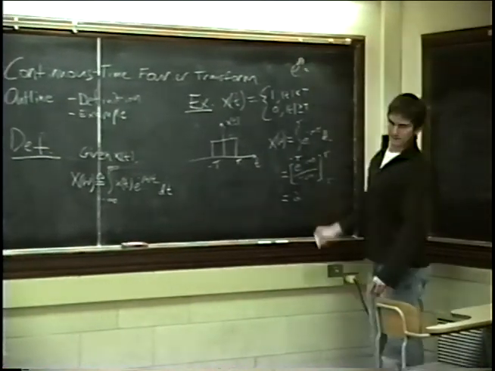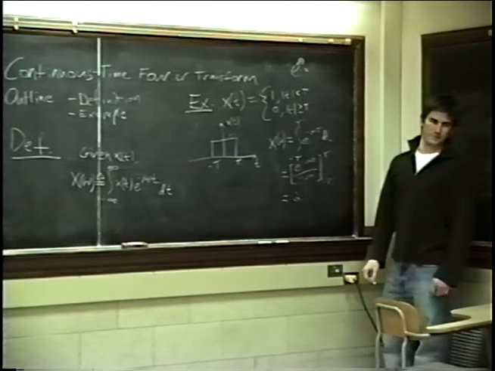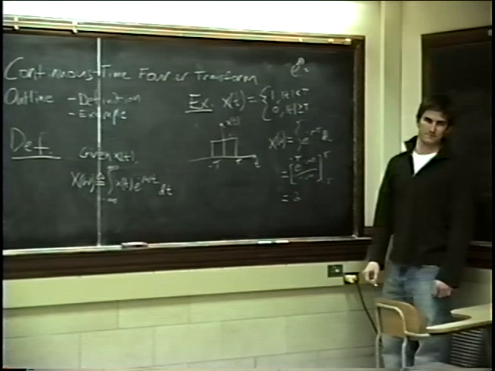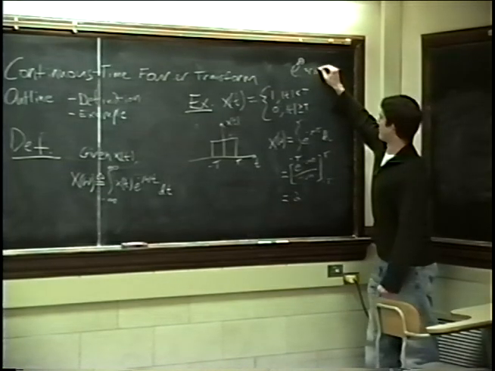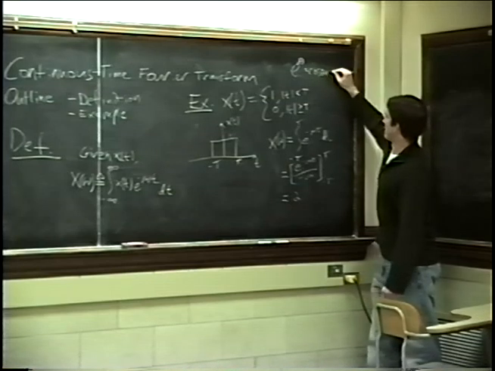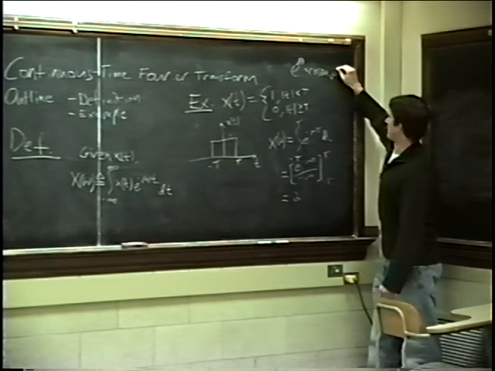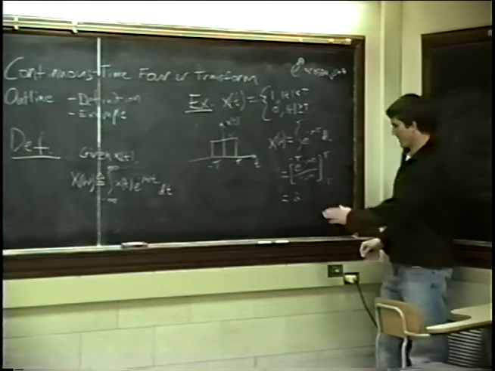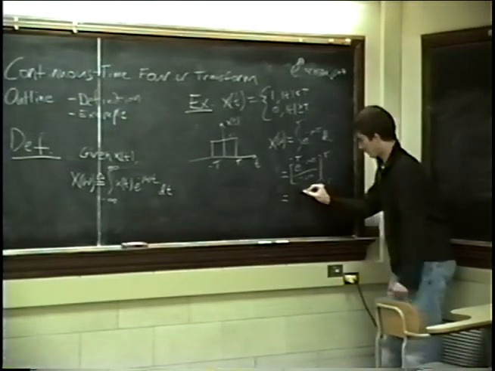What is this equal to, in terms of sine and cosine? Anyone remember? It's cosine of theta plus j sine of theta. Okay. Yeah, so we're going to use Euler's identity here to help simplify this. So let's show how we do that.